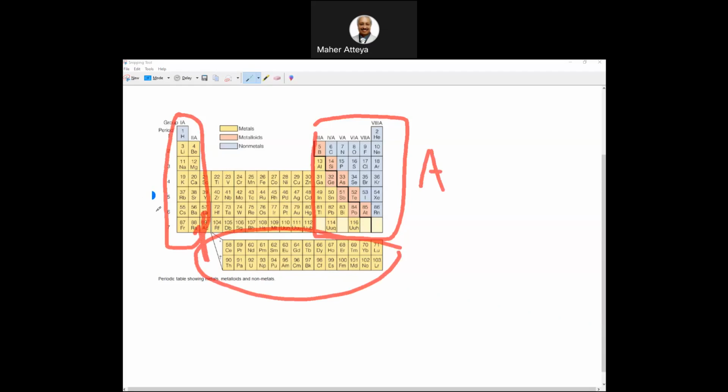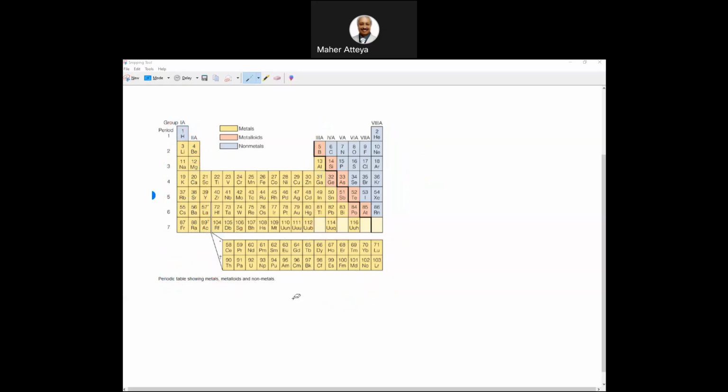And the B groups, those are these groups. And what did I do? This one is not correct. Let me take this one here. This one is considered a main group, because it is within those groups. This is a main group.